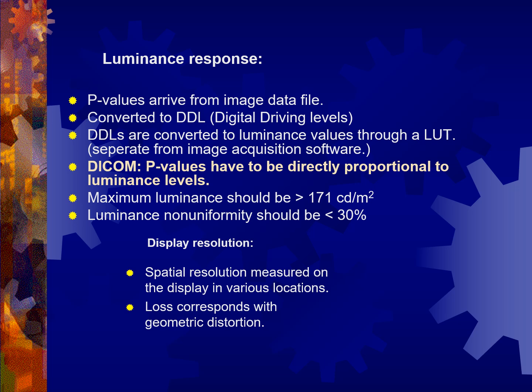Maximum luminance should be greater than 171 candelas per meter squared. Non-uniformity should be less than 30%. Okay, now, what does non-uniformity mean? What's a test for non-uniformity? Well, you develop a test pattern that breaks the entire display into a grid of squares that are all the same color, like a medium soft gray.